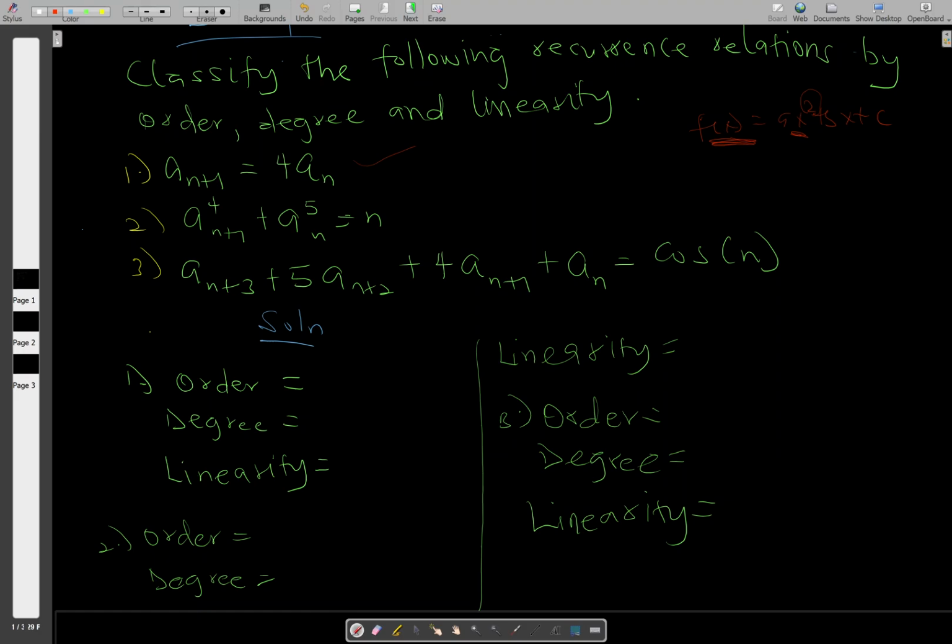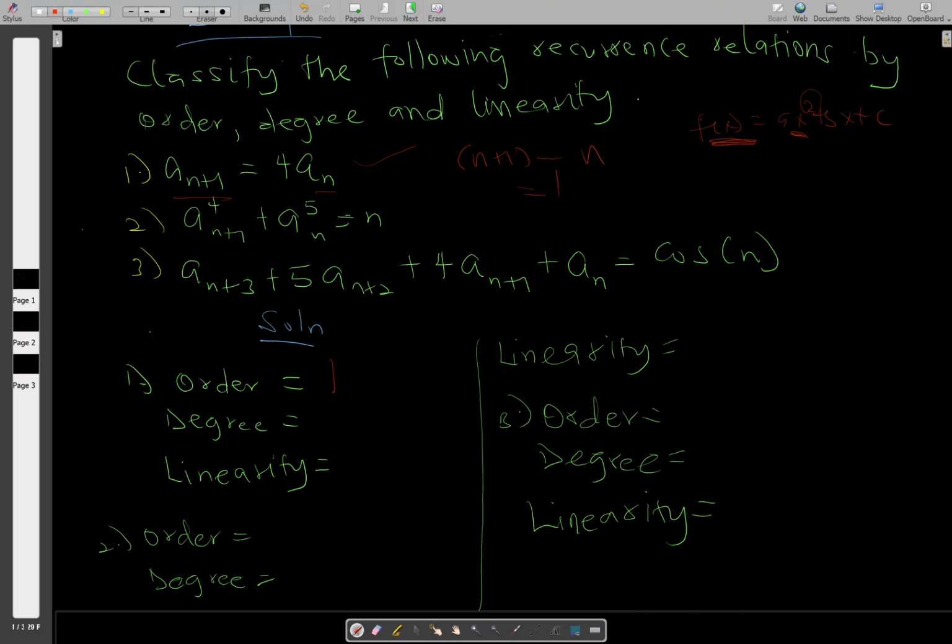When you consider this, let's check the order. The order is just the difference between the highest term and the lowest term of the sequence. So for question 1, we have the n plus 1 term, and also the nth term. So the difference will be n plus 1 minus n, and this is 1. Therefore the order is 1. Let's consider the degree.